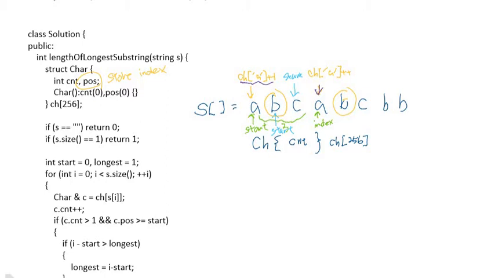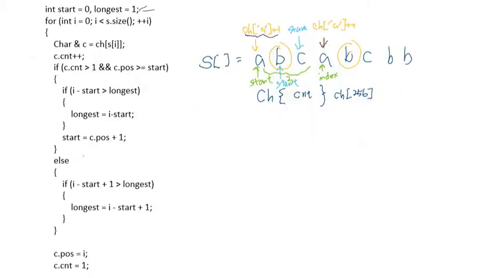Position variable stores the index of each character, to know the location of first repeated character, which is used to move the starting point to the next position of first repeated character. And here the start and the longest variable are declared. For loop is started here to iterate the string.